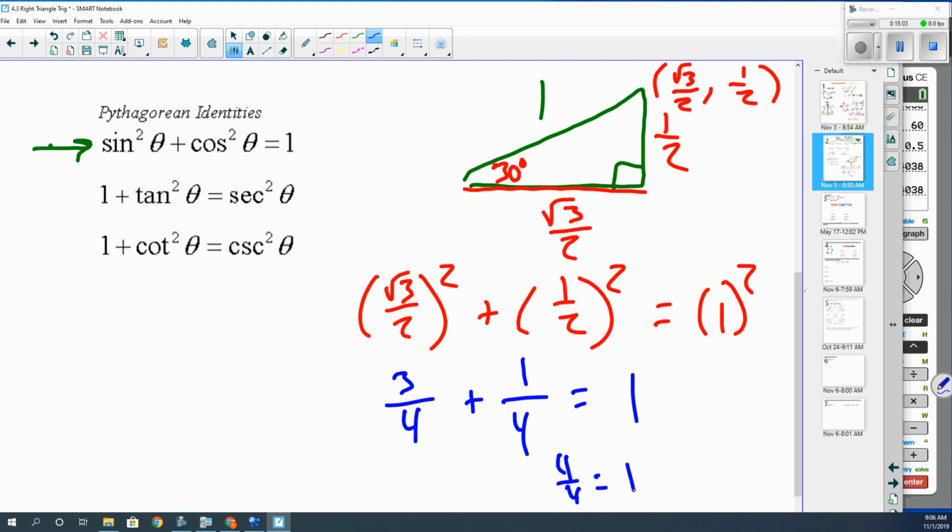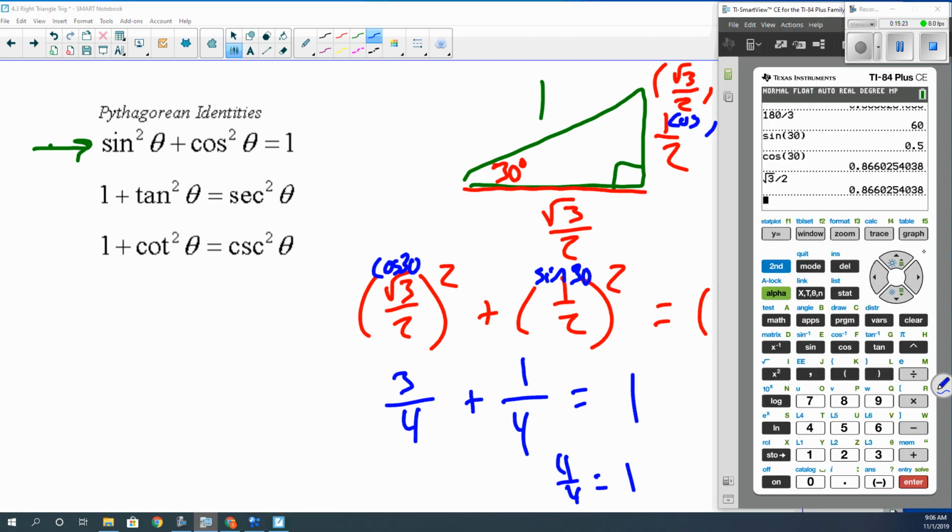But I know that this right here, that root 3 over 2, those ordered pairs, that was really cosine, and the second one was really sine. So I could have said cosine squared of 30 degrees plus sine squared of 30 degrees should equal 1. And I could try that in the calculator.